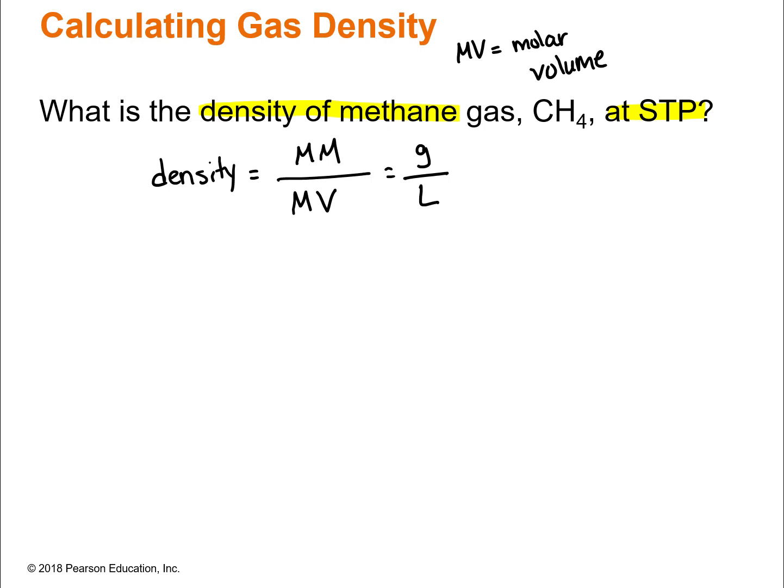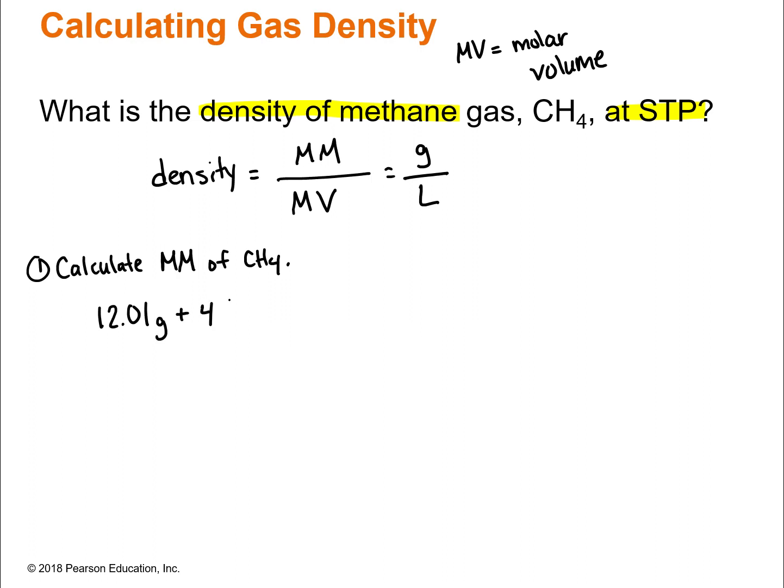Can we calculate the molar mass of methane? Absolutely. You just need your periodic table. So let's do that. There's 1 carbon, and it's 12.01 grams per mole of that.